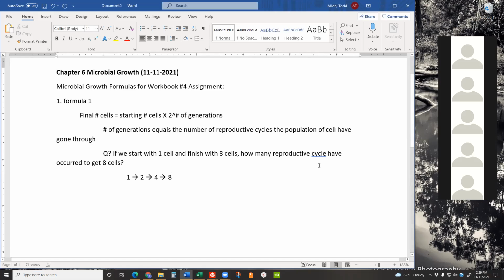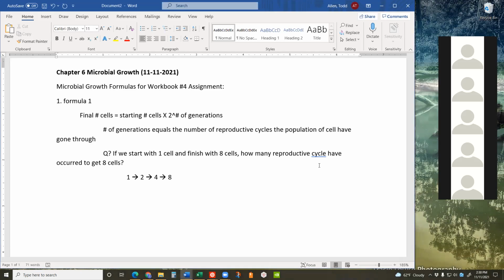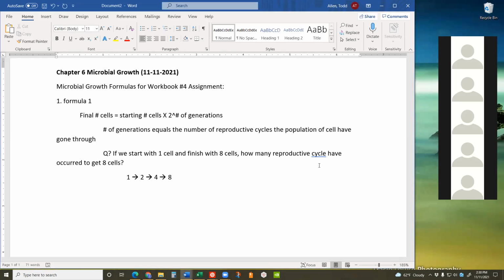So each arrow in my flow chart represents a binary fission event where the cells that exist at that moment are reproducing themselves to double their number. 1 cell doubled to 2. That's 1 reproductive event. That's 1 generation. The 2 cells reproduce to get 4. That's a 2nd reproductive cycle. The 4 cells then reproduce to get 8.